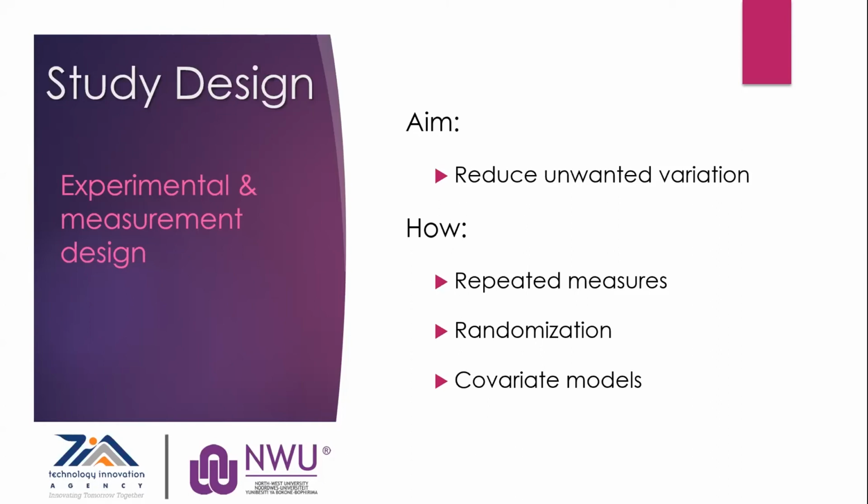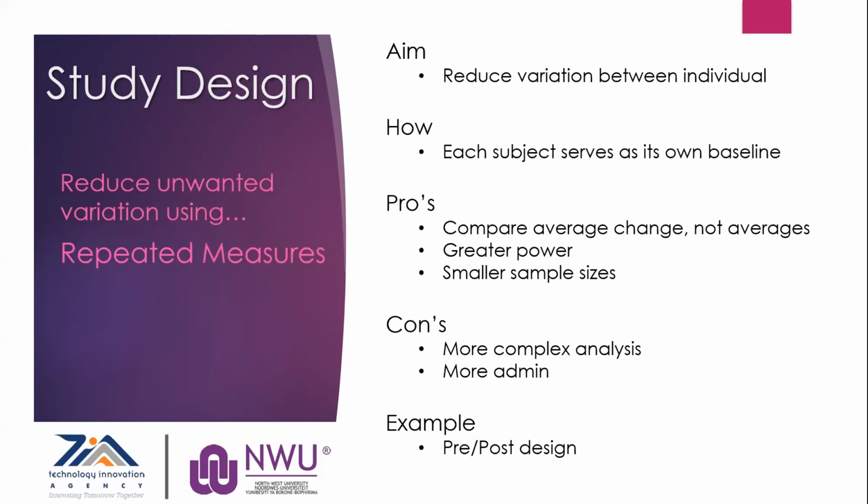Okay, let's dive into a little bit more detail. So the first way of reducing variation is to use repeated measures, because that reduces the variation between individuals, because each individual serves as his or her own or its own control. So the pro is that essentially you're no longer just comparing averages of groups, you're comparing the average change between two situations. And this gives you greater power, which of course allows you to get away with a smaller sample size.